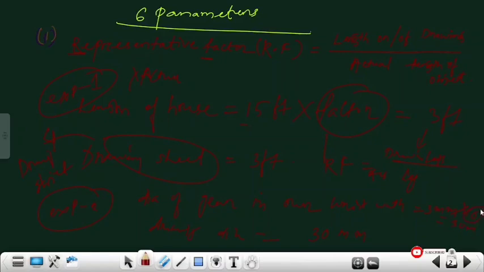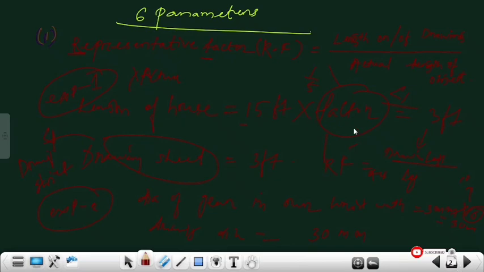This 10 is called the representative factor, and it may be greater than 1 or less than 1. In the first case the representative factor is 1 by 5, and 15 into 1 by 5 is equal to 3. In the second case it is 10, which is greater than 1. The first, less than 1, is called a reducing scale, as the representative factor is used for reducing the object where the actual image is greater than the drawing.